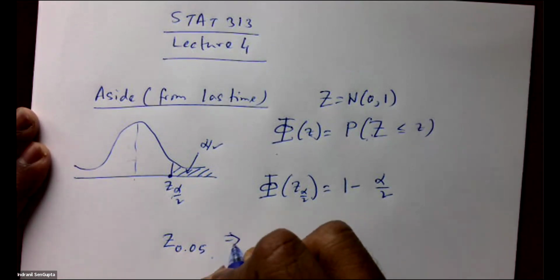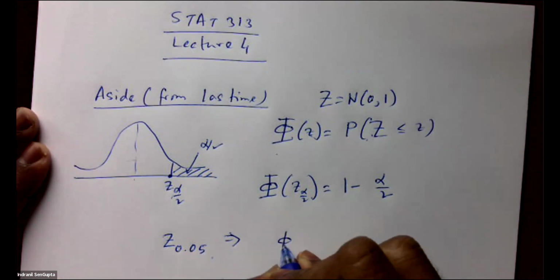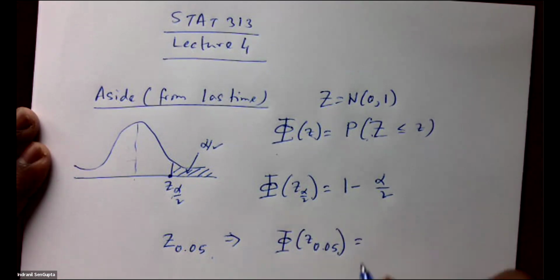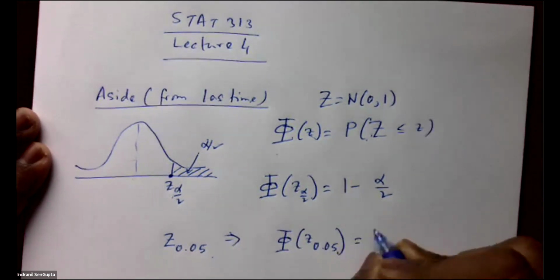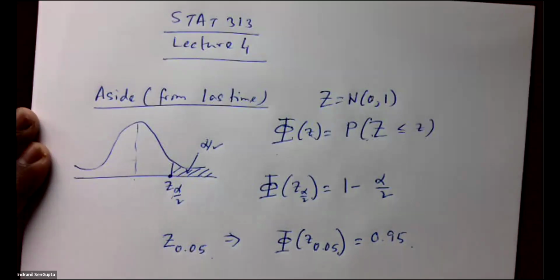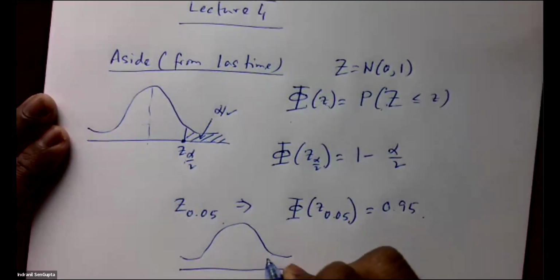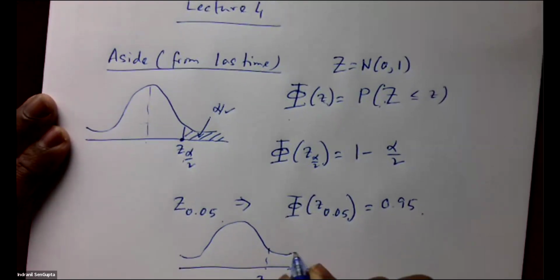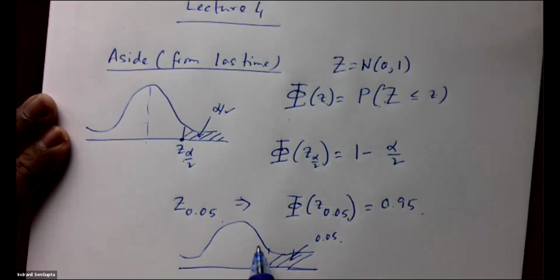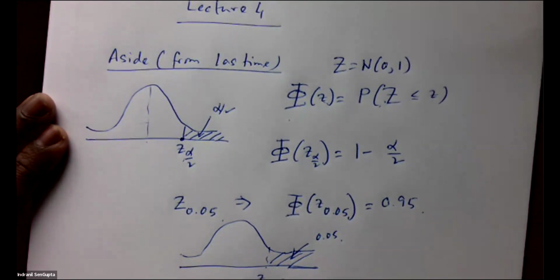So phi of Z of 0.05 would be equal to 1 minus 0.05, which is 0.95, right? So we are asking for a value such that the area to the right here is 0.05 and the area to the left is 0.95.